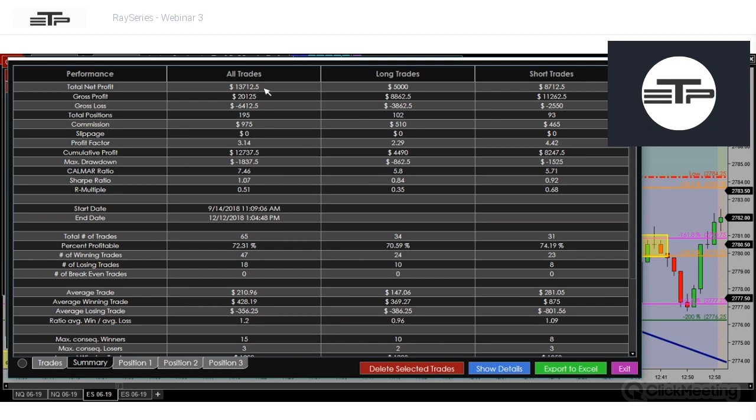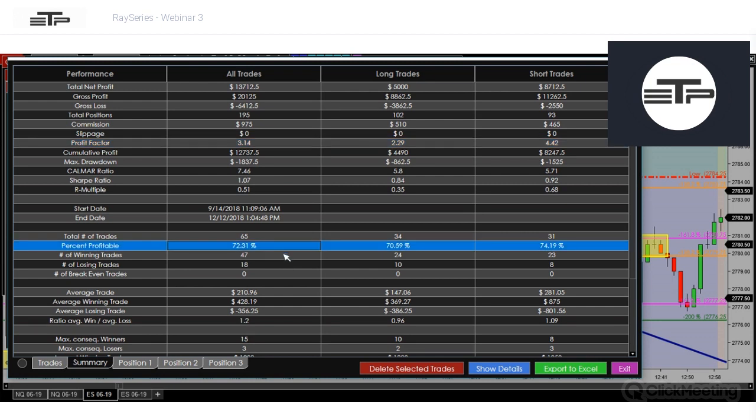So this one was our best performing contract. It made $13,712 with a maximum drawdown of $1,800, which is roughly still about $2,000 drawdown. The profit factor was amazing for this one. It's 3.14. Percentage profitable was just 1% more profitable than 0618, but obviously the profit factor just blew it out of the water.